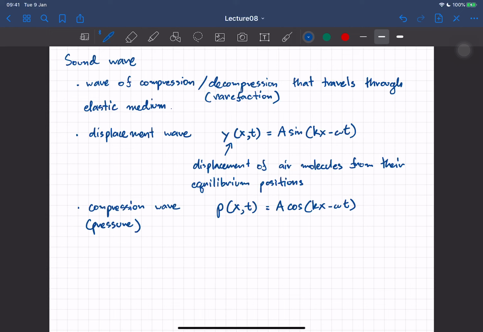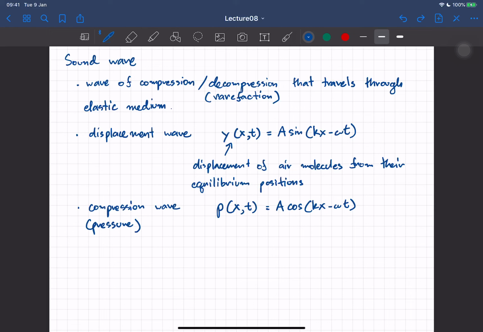I write cosine here because if we choose sine to be the displacement wave, then pressure has to be cosine, a 90 degree phase shift. So this is cosine because that is sine. I'm just emphasizing that it's the same wave; you're describing the same thing using two different parameters.